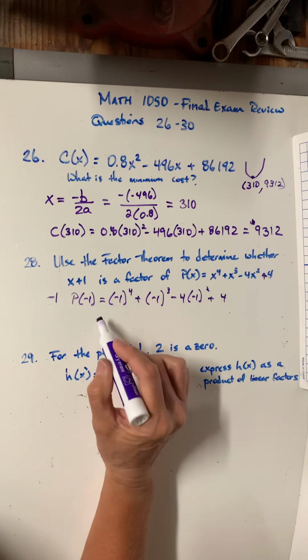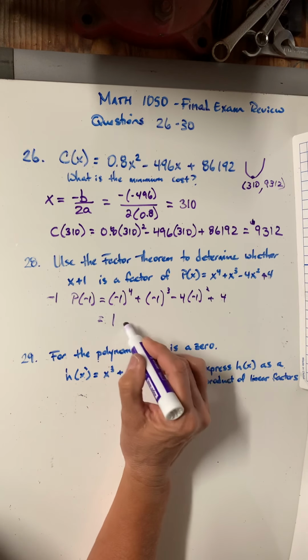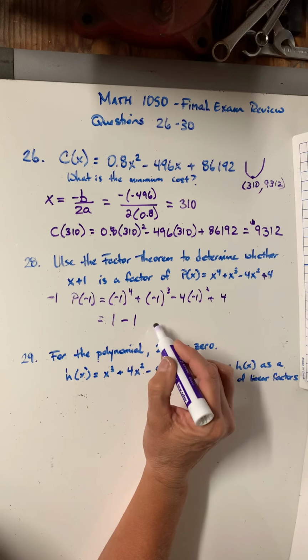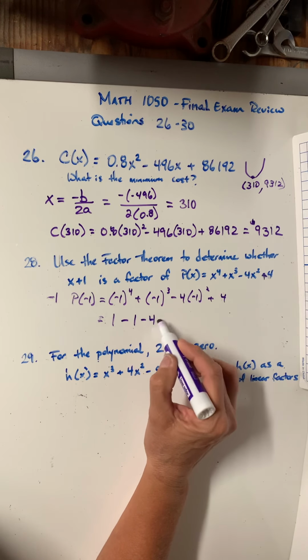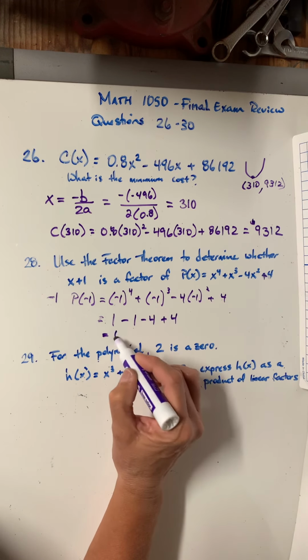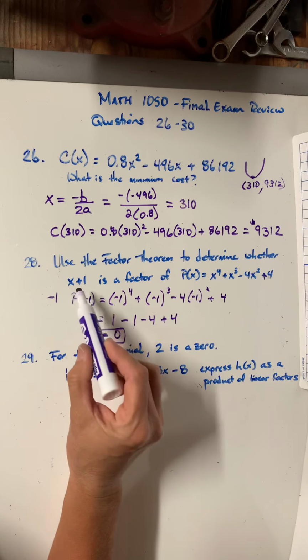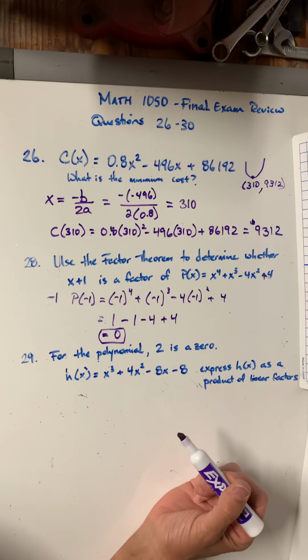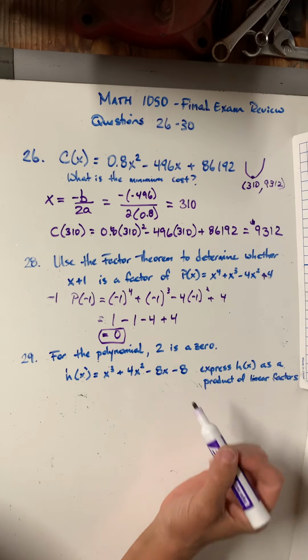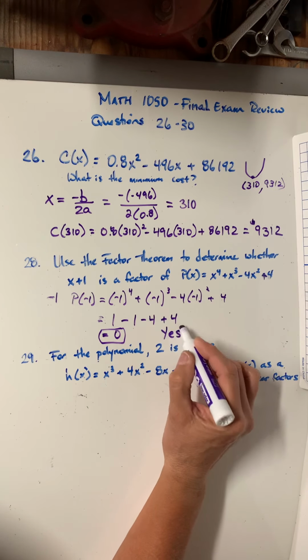When I evaluate that, I get 1 minus 1 minus 4 plus 4, which equals 0. If you get 0, it means you don't have a remainder. So therefore, this is a factor of that because it goes in evenly. So the answer to this is yes.